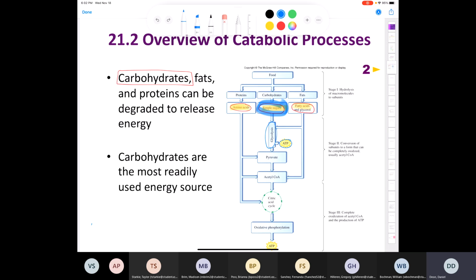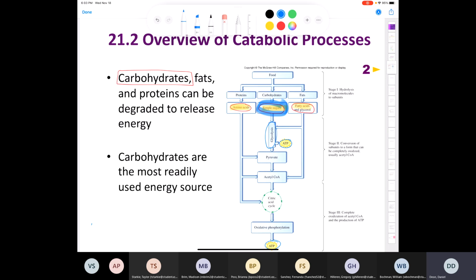And then finally, fatty acids, what happens to those? Well, the glycerol can go directly into glycolysis, but what we're going to see is that the fatty acid portion gets converted into this molecule called acetyl coenzyme A, which can go into the citric acid cycle. And if you're wondering again, what's the citric acid cycle? Well, the citric acid cycle is nothing more than another way to harvest more ATP.